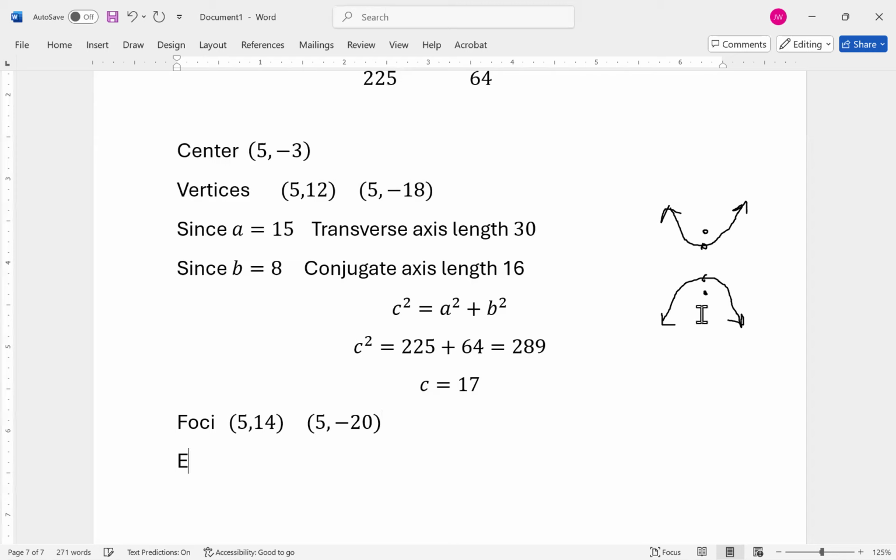Now, if I want to find the eccentricity, well, the eccentricity is going to be c over a once again. In this case, that's 17 over 15, which is a little bit more than 1.